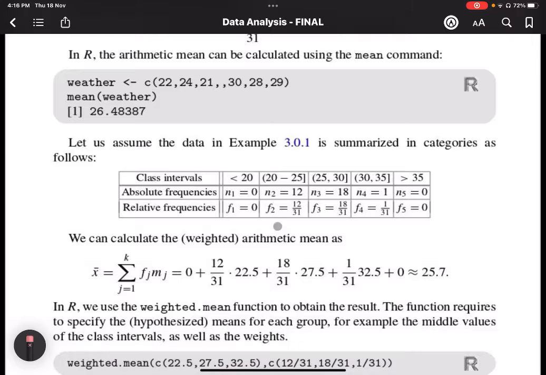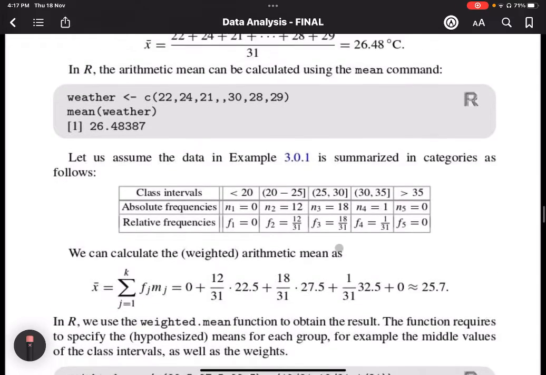So, dito to sa gitna ng 20 to 25. Ito, the same, gitna. This one also the same. Saan galing ang 0? 0 kasi yung 20 dito, 0. Ito rin 0. So we have to add them. So after multiplying this, and then summing up, we get 25.7 as the weighted arithmetic mean for the relative frequency of group data. So, very simple lang din.